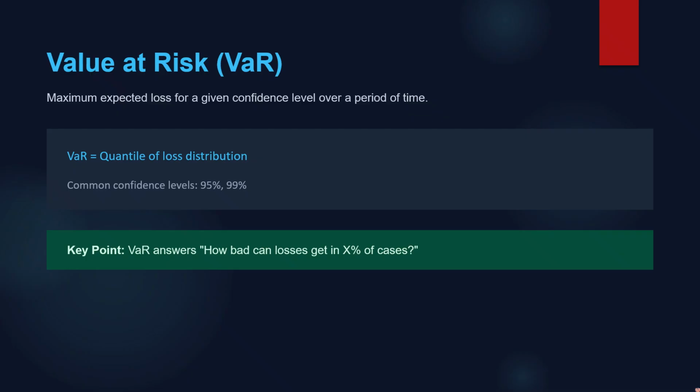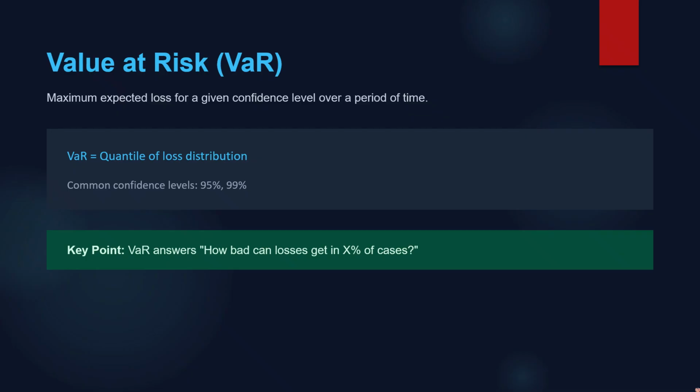At 95% confidence, we are saying that there is only a 5% chance losses will exceed this threshold. Here is the key question VAR answers. How bad can losses get in X% of cases? Or putting it differently, what is the worst loss I can expect on a normal day?